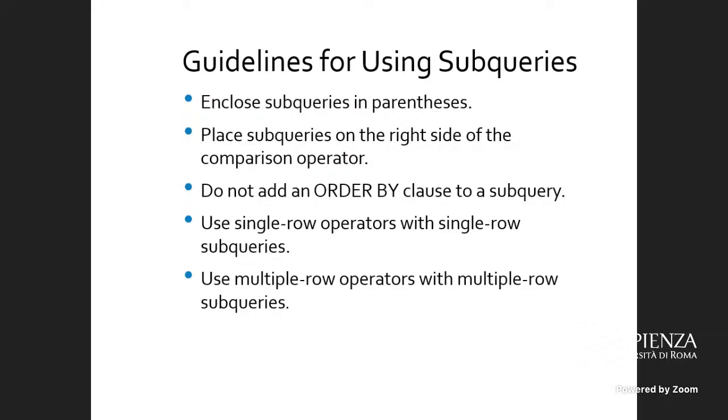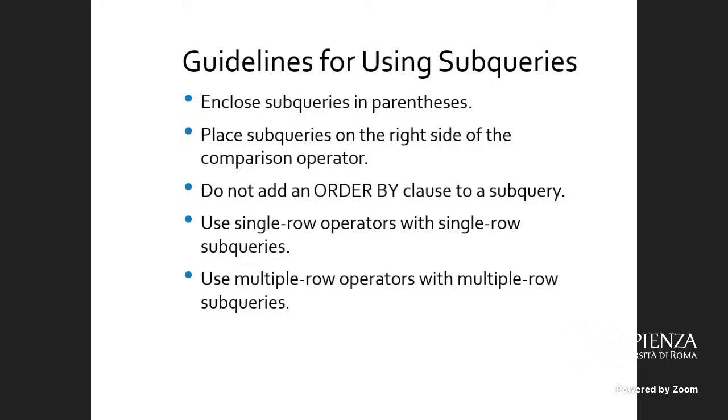You have two select statements, one is outer and one is inner. The inner subquery, you enclose it in parentheses. And then you place subqueries on the right side of the comparison operator. We have a left side, greater than, lower sign, or something like that.